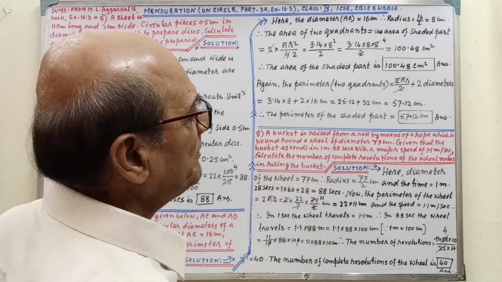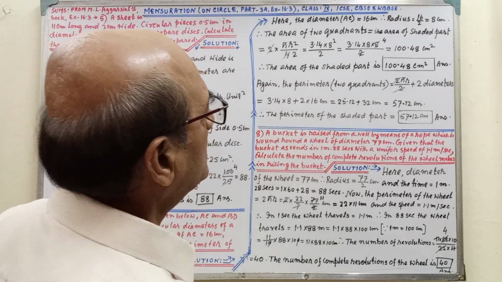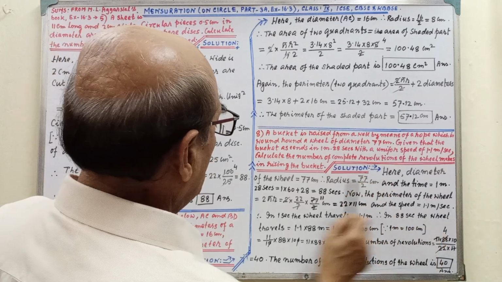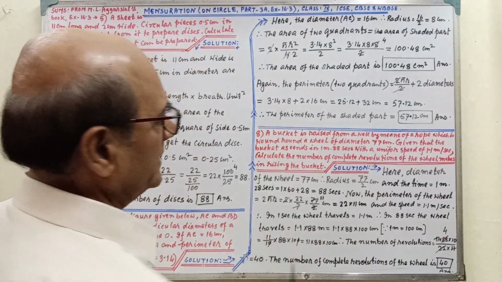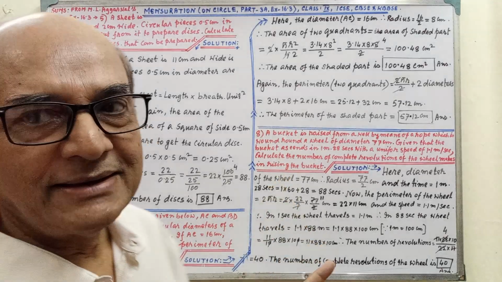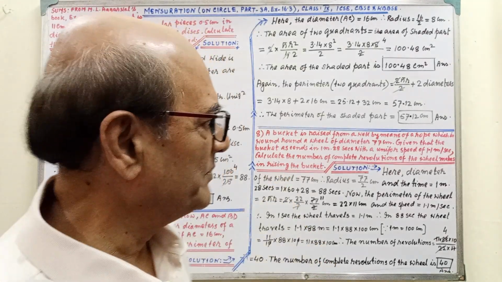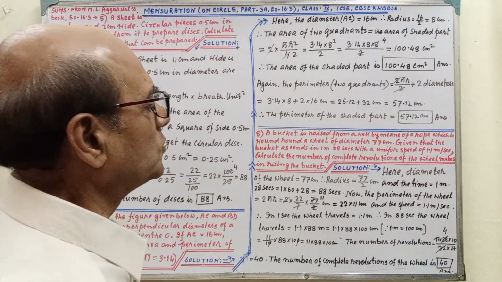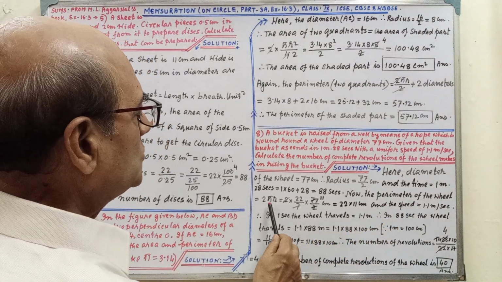Now the perimeter of the wheel, that is 2 pi r. By reading the sum, you have to understand the process. We have to find out the perimeter of the wheel, that is 2 pi r.